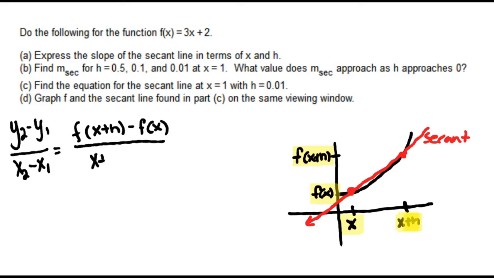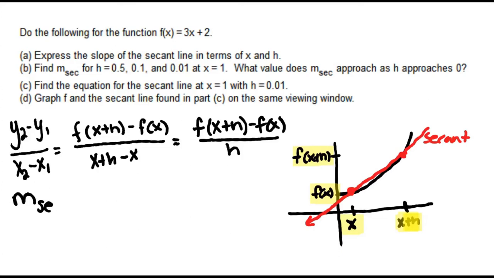We have x plus h minus x, and we can simplify that denominator. I'm copying down the numerator, and the denominator, the x's would cancel, leaving me with h. So this gives us a formula for calculating the slope of the secant line.